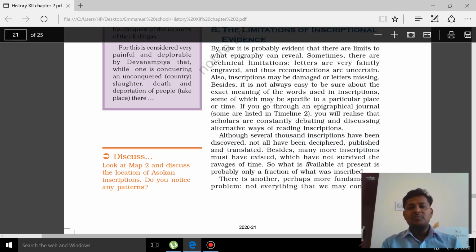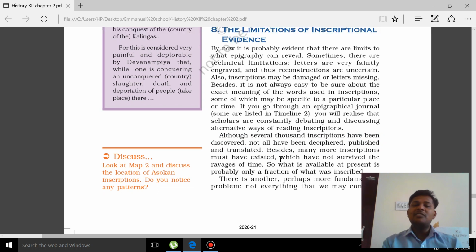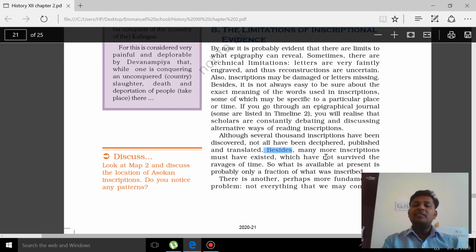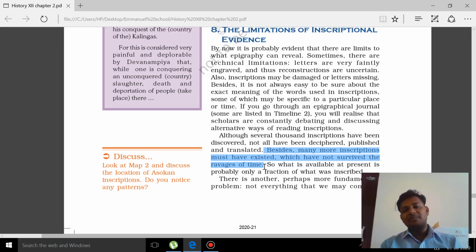Many more inscriptions must have existed which have not survived the ravages of time. Ravage means the hard times of time. So what is available at present is probably only a fraction of what was inscribed. So this is the third technical problem.